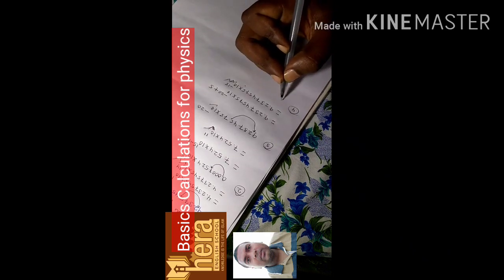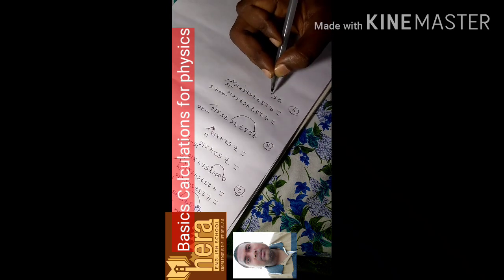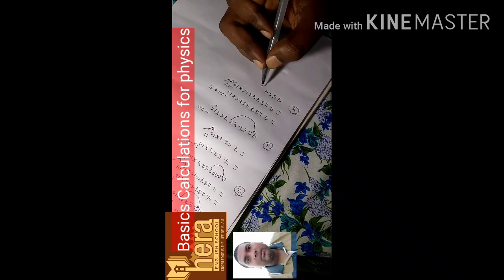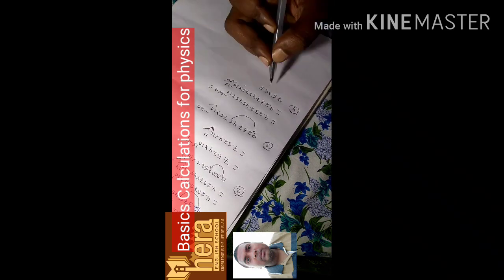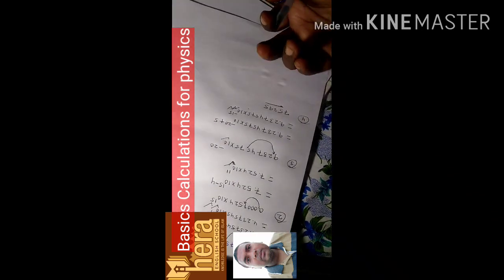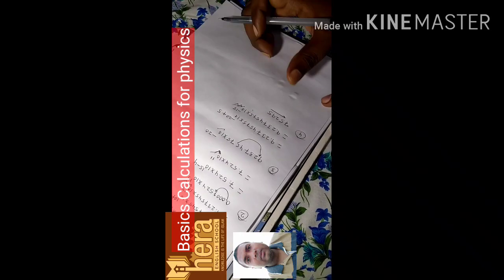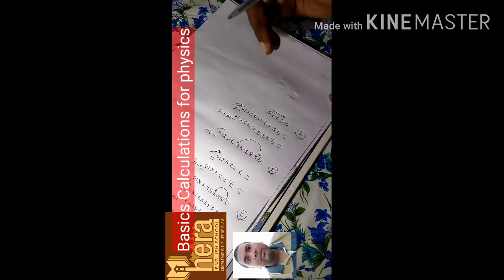Example number 4. I am taking one number, 75295. You have to write this number in scientific notation.